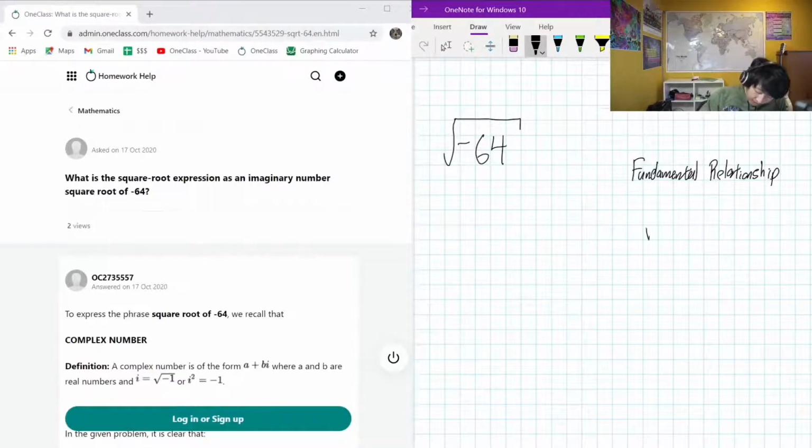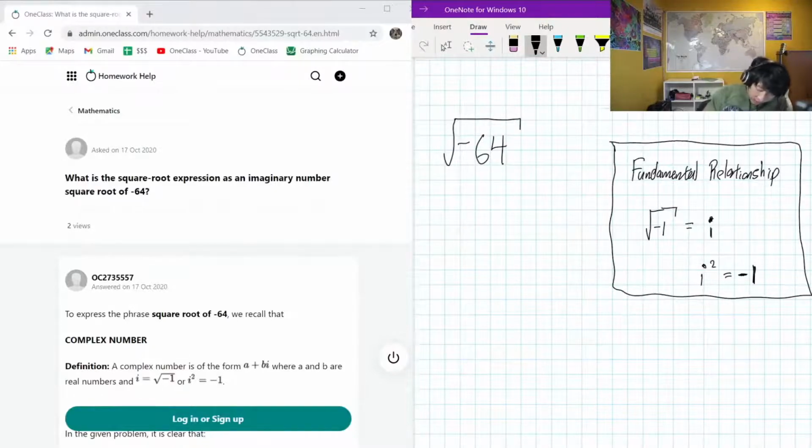If we say the square root of negative 1 is equal to i, or if we say i squared is equal to negative 1, knowing this, all of a sudden that rule of no negatives under the root, we get rid of that rule. We are big kids now. We can handle that now with this fundamental relationship.